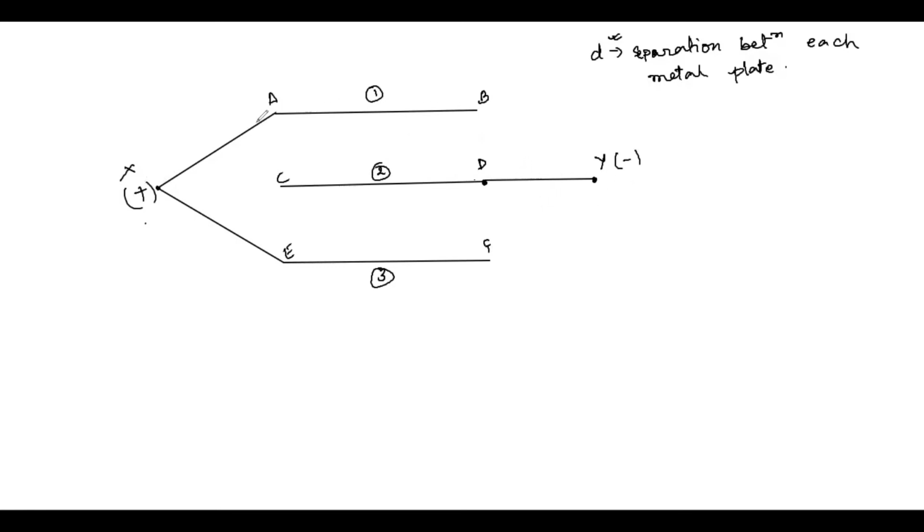So plate 1 is positive now, and plate number 3 is positive, because it is connected to the positive terminal. So they will have the same positive potential. And the second plate is connected to the negative terminal, so it will have a negative potential.